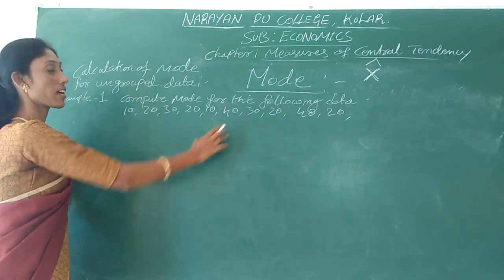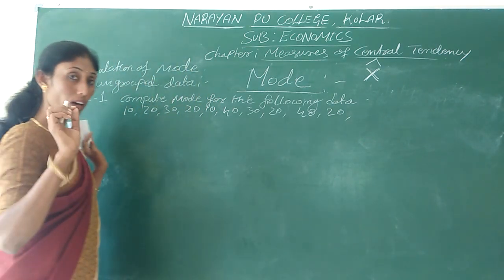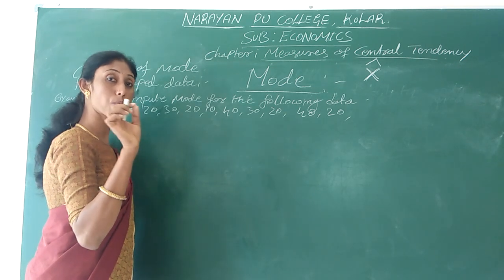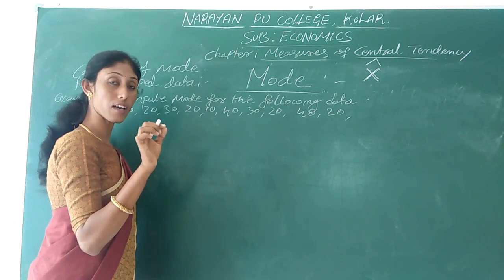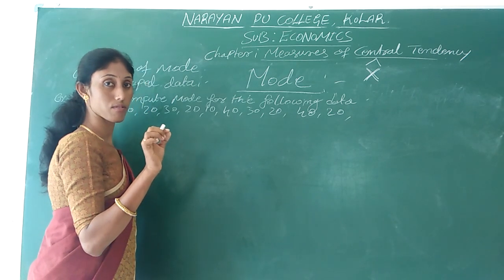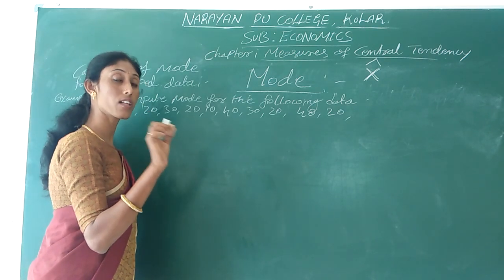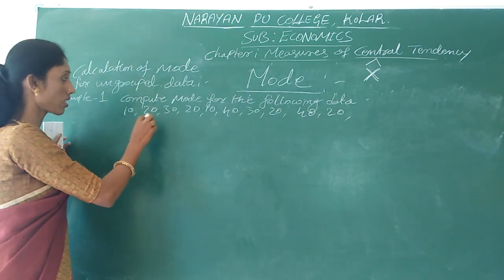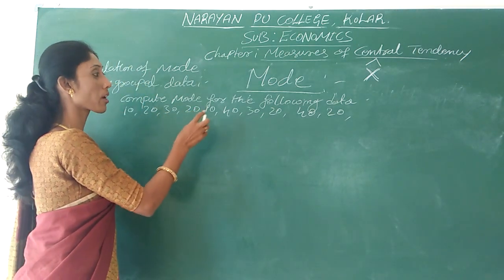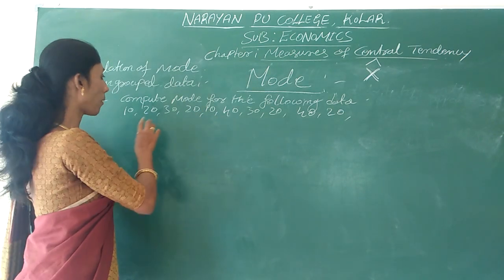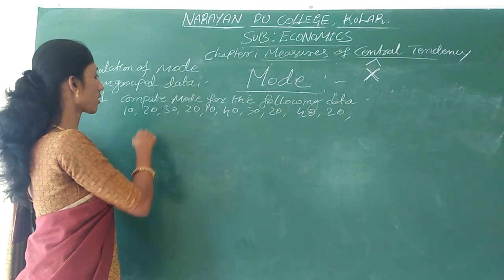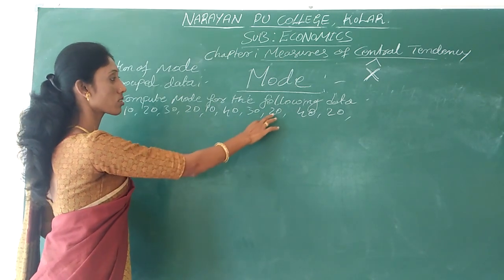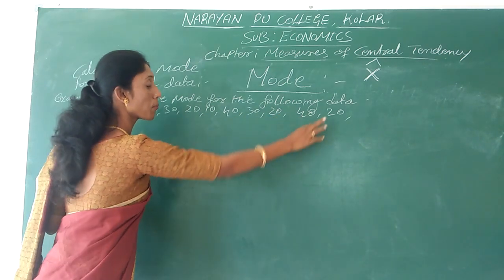This is the data they have given, and you know about the mode. Mode means the most frequently appearing value in the data. Here, in this data, which value appears more frequently? By seeing it we can guess that 20 is appearing more number of times compared to other values.